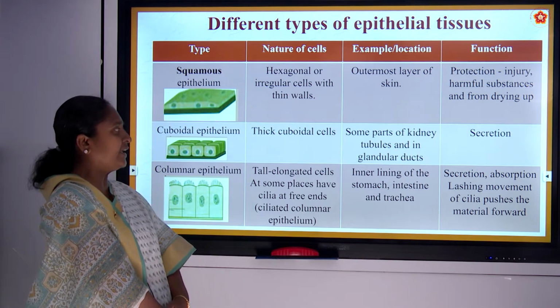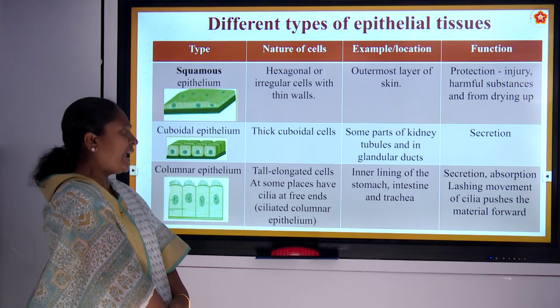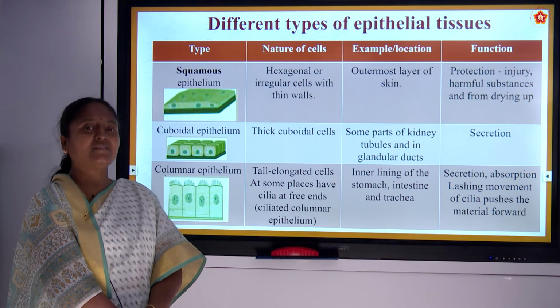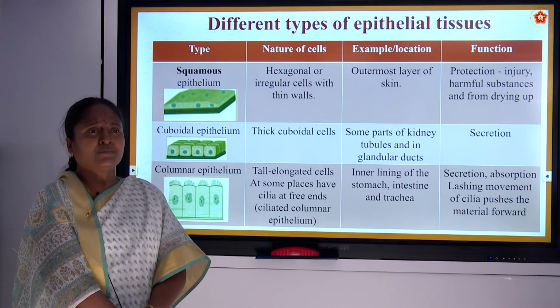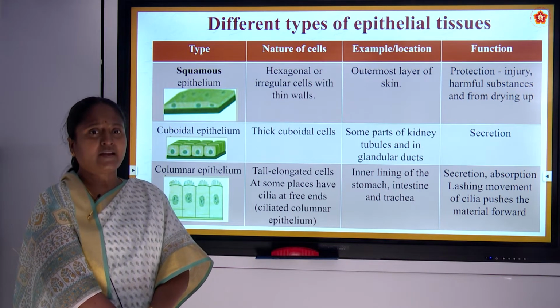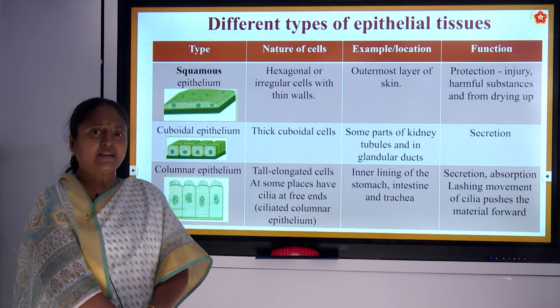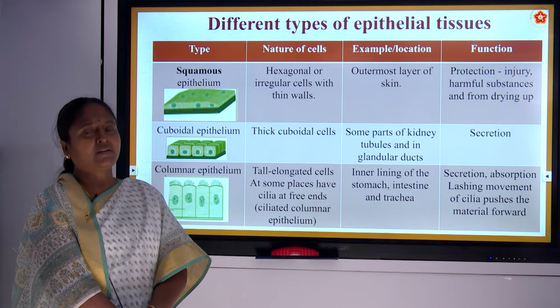There we can see the cuboidal epithelial cell, and it is present in the glandular duct. Some glands will have a duct, right? Duct is nothing but a tube. You may have heard of the liver, right? Liver has a small duct through which it secretes chemicals that reach our alimentary canal for the digestion of food.